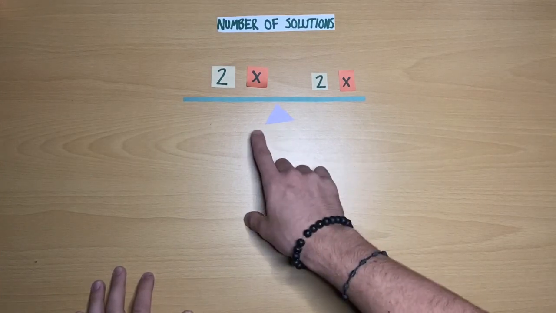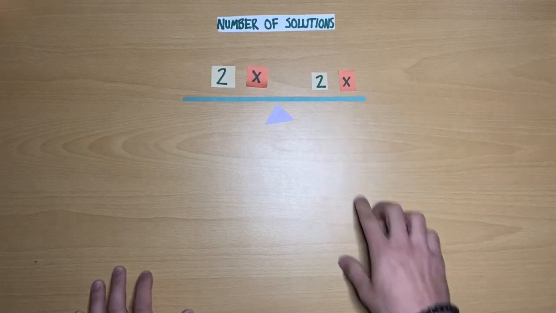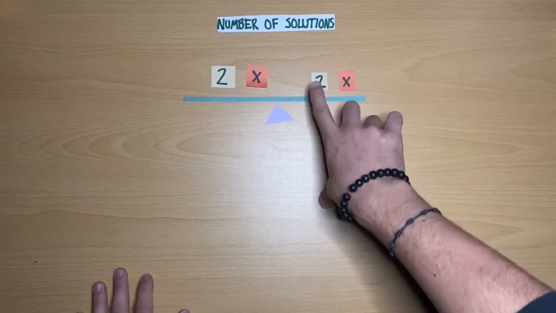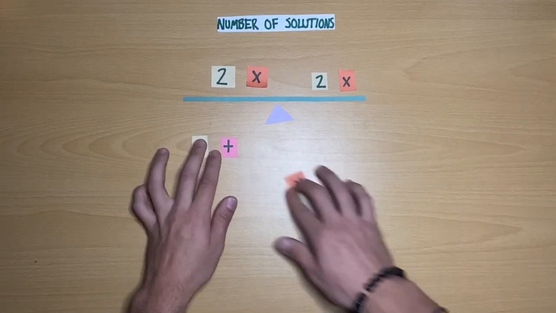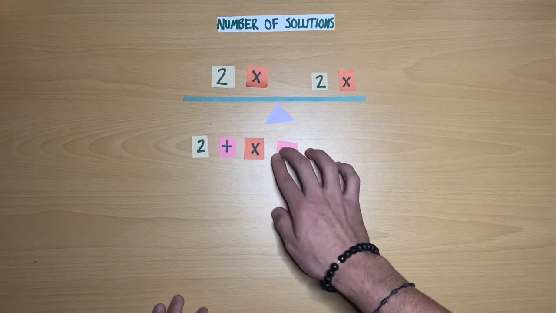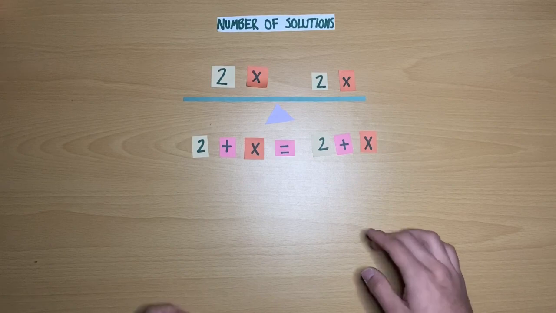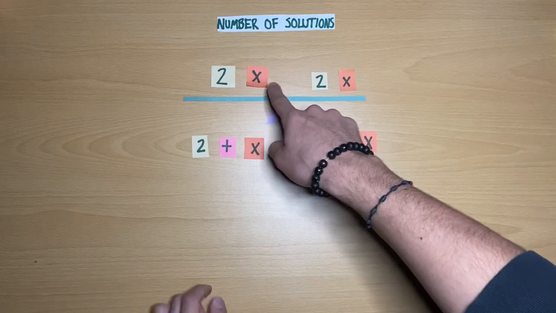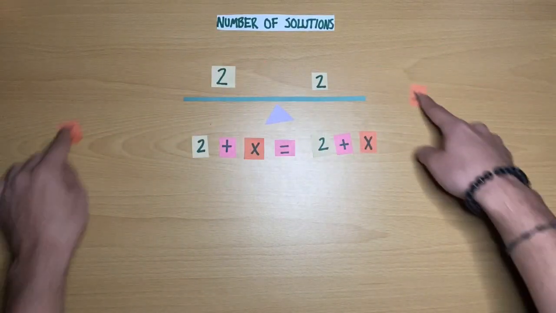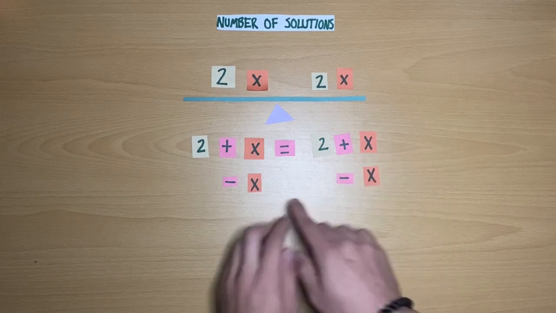Now, let's say we have 2 plus x on one side, and 2 plus x on the other side. In the previous example, we had 3 here, but I went ahead and replaced it with a 2. So we would have 2 plus x equals 2 plus x. And again, to solve this, I would want to get the x's on the same side, so I'm going to remove these, so I'm subtracting x on both sides.